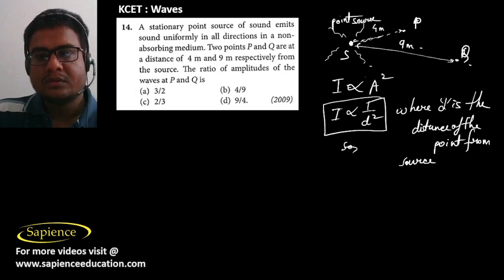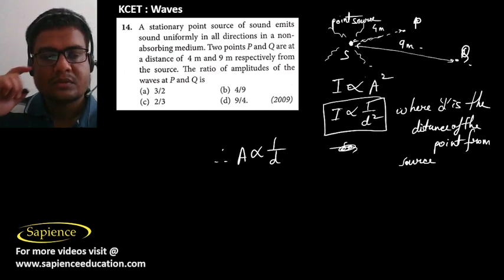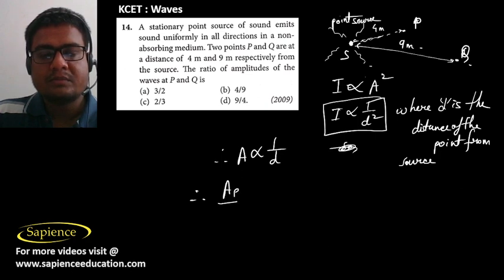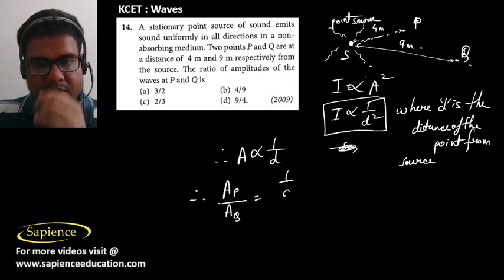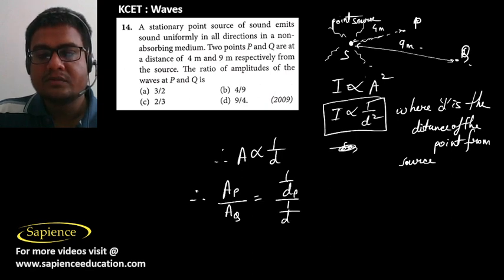So therefore we can say that the amplitude is inversely proportional to d, where d is the distance of the point from the source. Therefore the amplitude at the point P by the amplitude at the point Q, the ratio we have to find, will be equal to 1 by the distance of point P divided by 1 by the distance of point Q from the source.